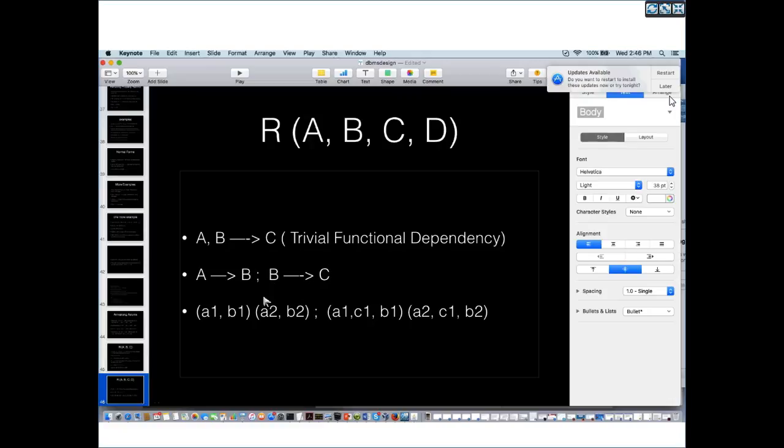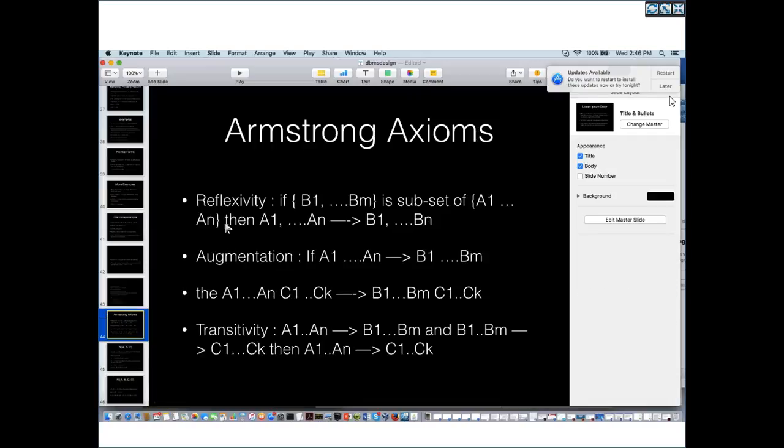A determines the value of B, and B determines the value of C. So if you look at A, B, C here, A will fix the value of B, B will fix the value of C, and hence, given A, you will also agree on the value of C. Because two tuples that agree on the value of A agree on the value of B, by transitivity they agree on B, so they will also agree on C. This is what we mean by the transitivity action.